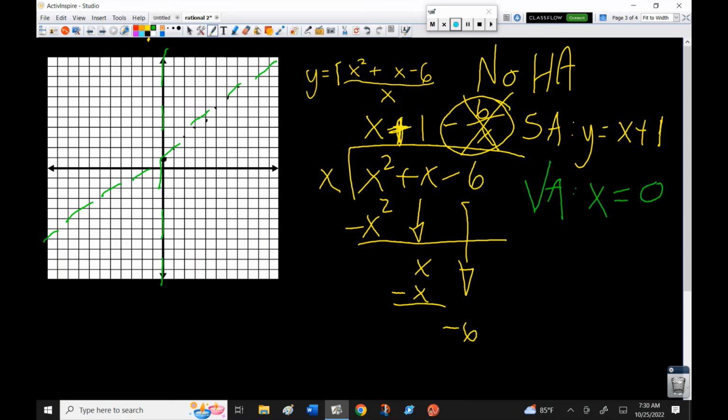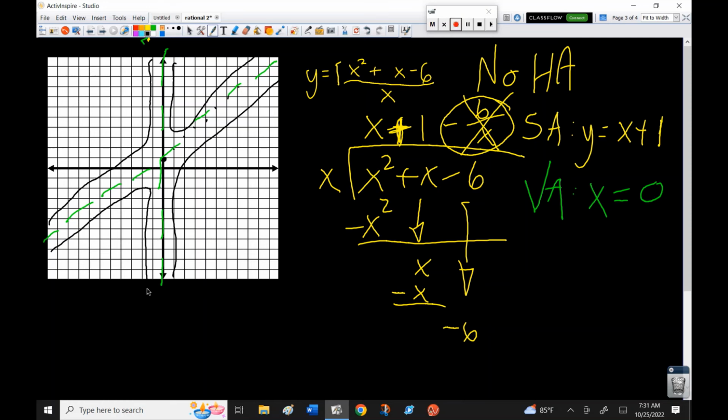So this graph is going to look like it's going to be here, or it's going to be here. It's going to be two of these pieces right here.